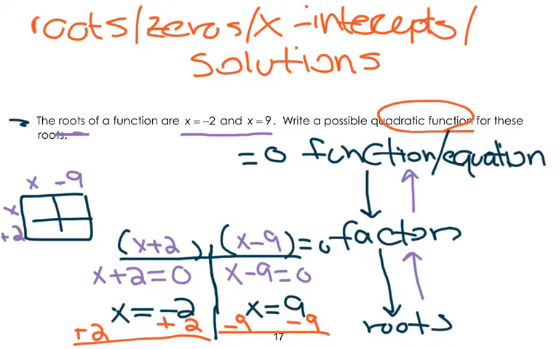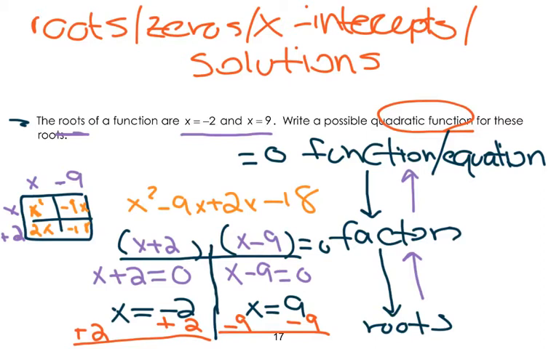Inside, x times x gives me x squared, x times negative 9 gives me negative 9x, x times 2 gives me 2x, and 2 times negative 9 gives me negative 18. Just to show the step before, we have x squared minus 9x plus 2x minus 18.